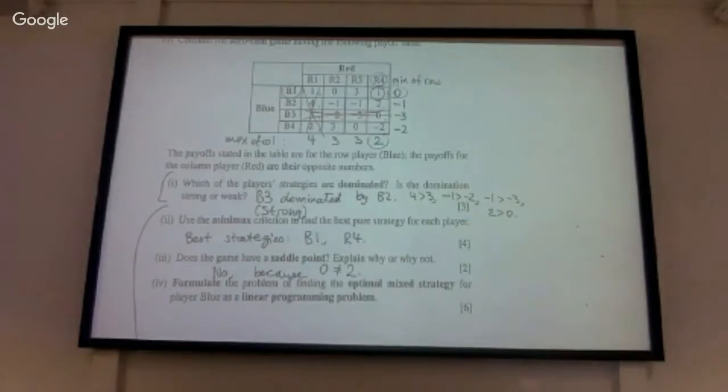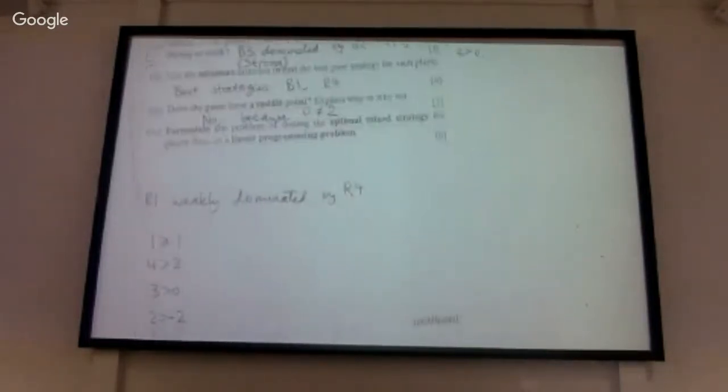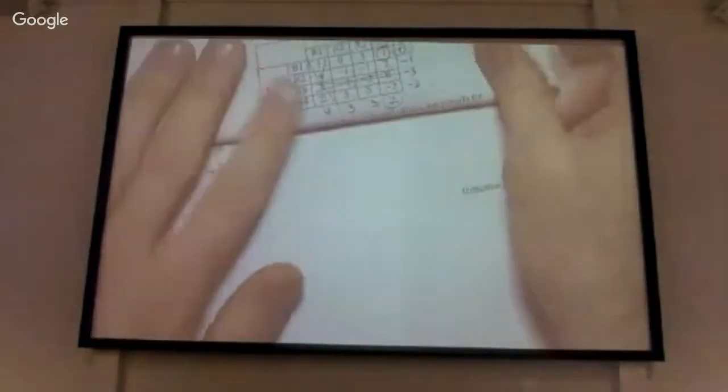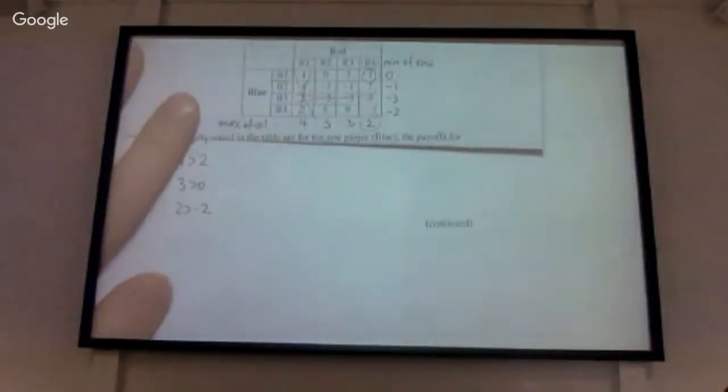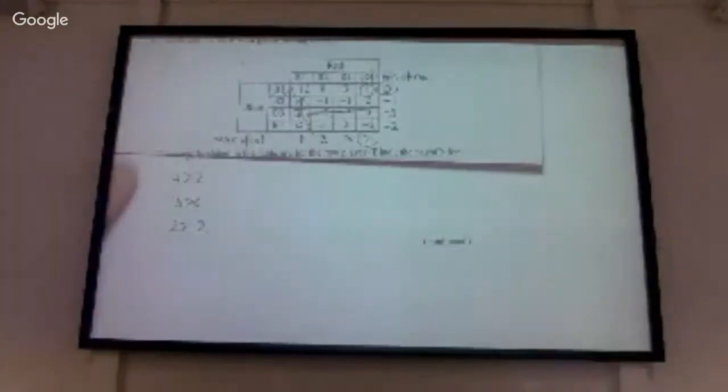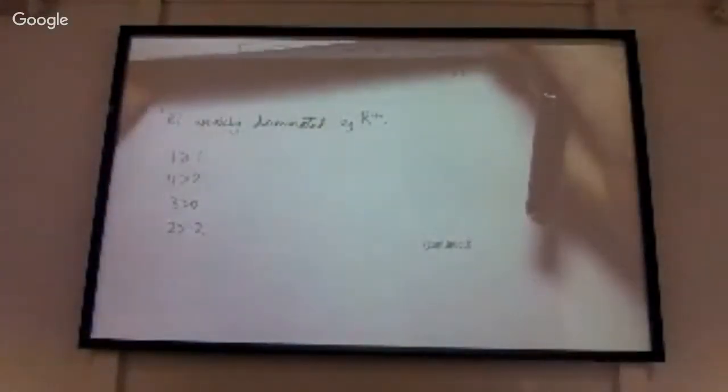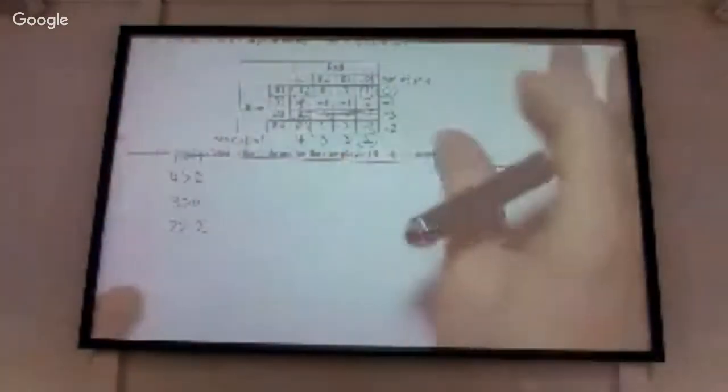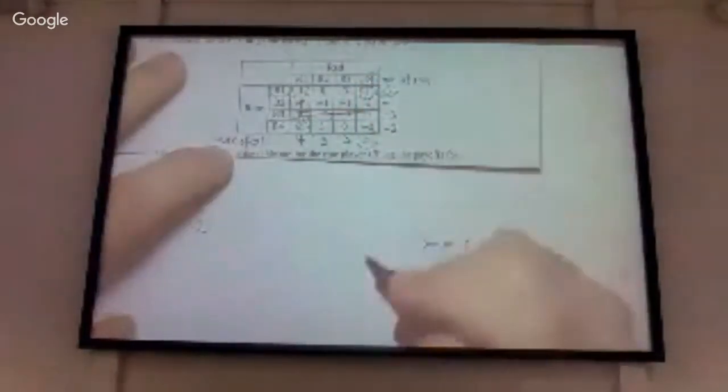So for part 4, you want the linear programming formulation for the blue player, it says.